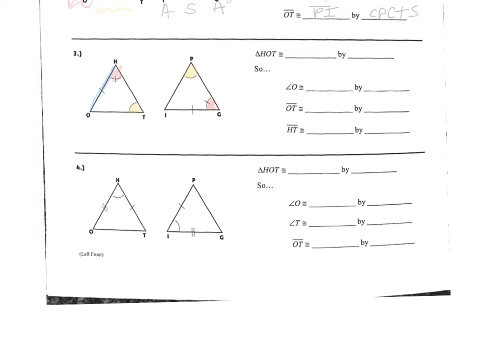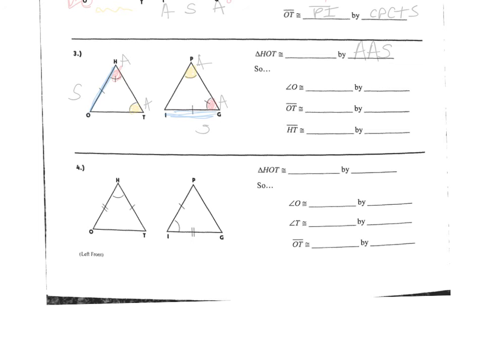And then we have a side. Note that that side is not included. So what we have is an angle and a side, an angle and a side. So our pattern there is by angle, angle, side.